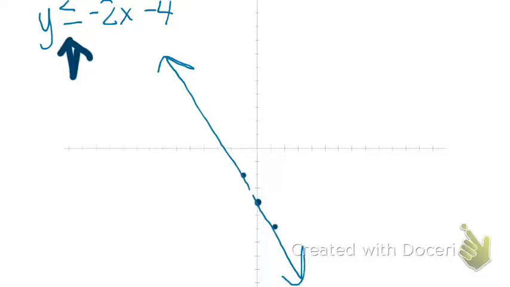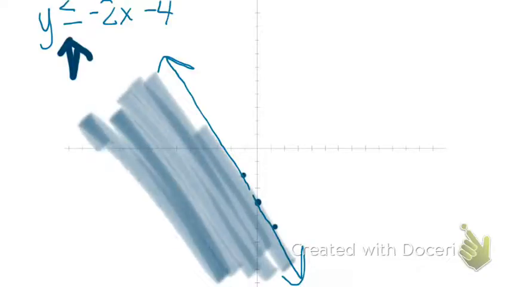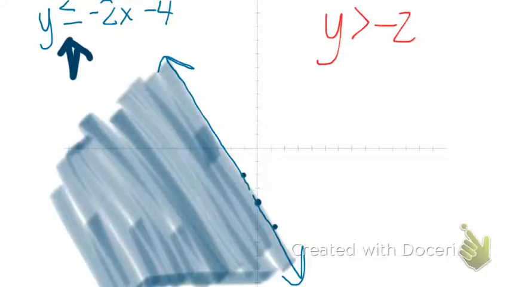Well, hopefully then you are saying that the bottom of it. So there's the first one done. Next one is y is greater than negative 2x plus 5.